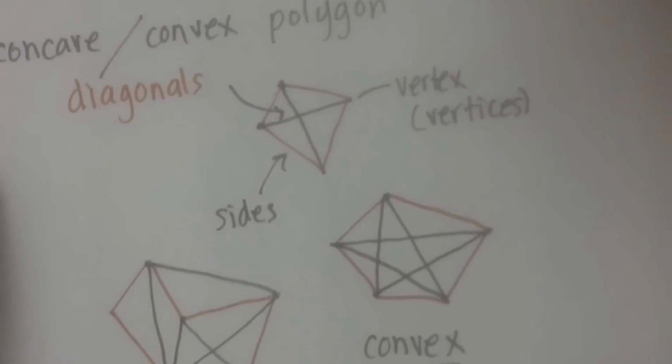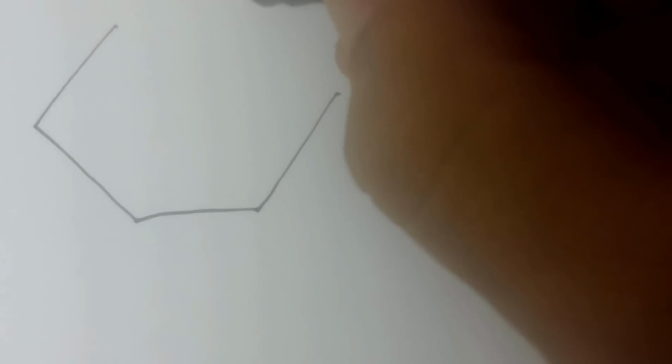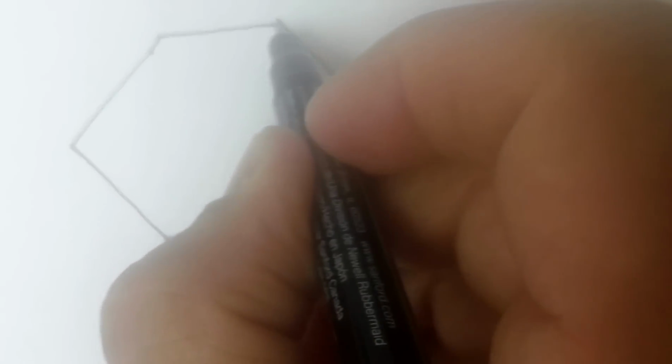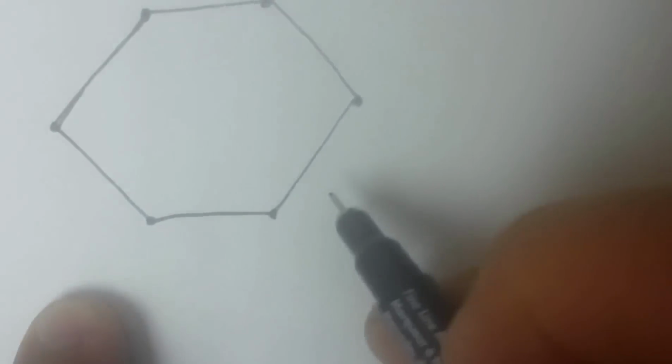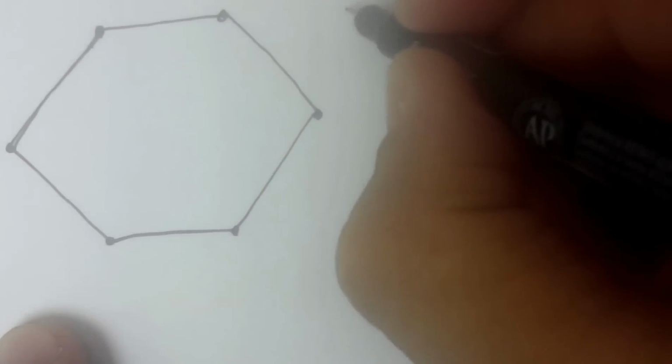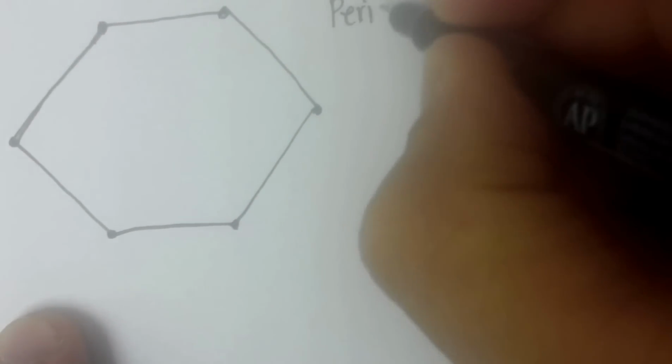Okay? Let's go on to a couple other characteristics and we'll end this up. Let me just draw a really big one here. From here to here, to here, to here, to here, to here, if I go all around the outside, that's the perimeter of my polygon.